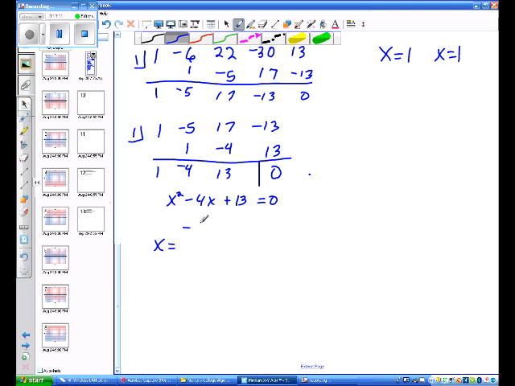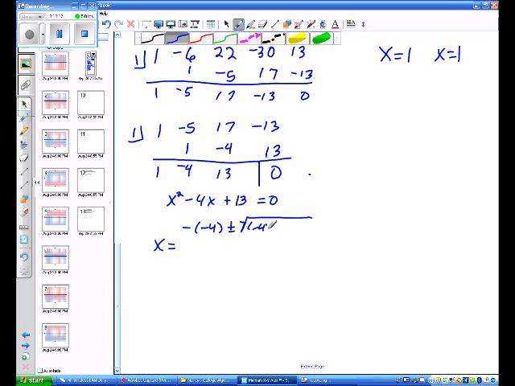So x is equal to the opposite of b plus or minus the square root of b squared minus 4 times a times c all over 2 times a.